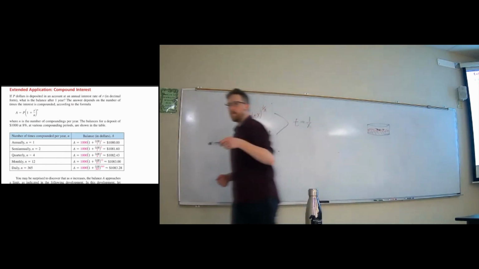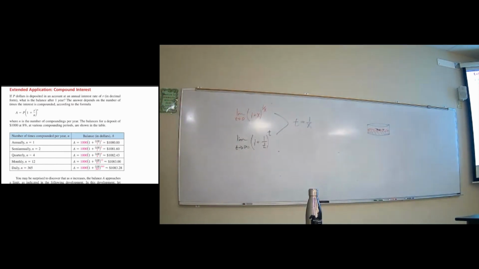So if it compounds annually, the frequency is 1. If it compounds semi-annually, the frequency is 2. Quarterly, it's 4. Monthly, it's 12. Daily, it's 365.